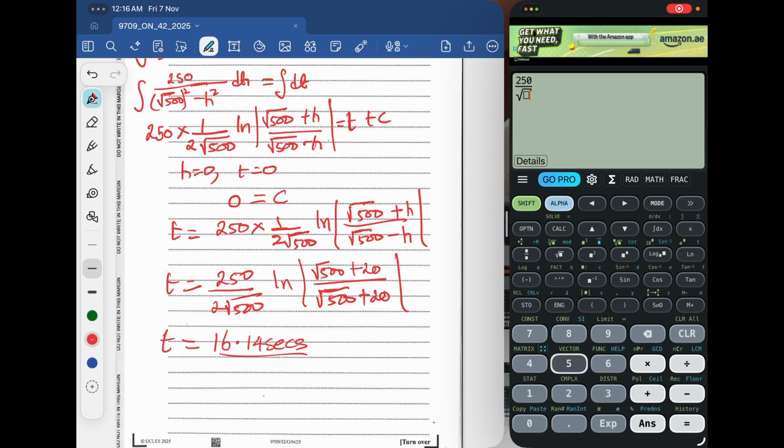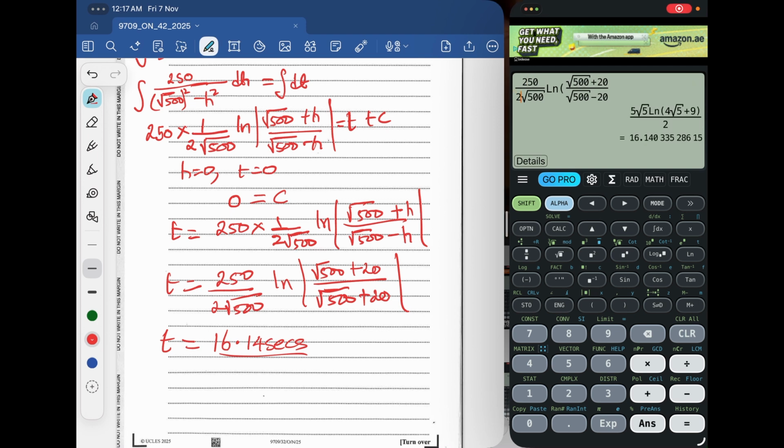Let's see. So 250 over 2 square root of 500, then ln of the fraction, square root of 500 plus 20 over square root of 500 minus 20. The 2 is supposed to be there.